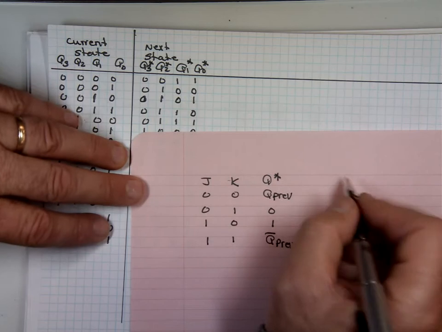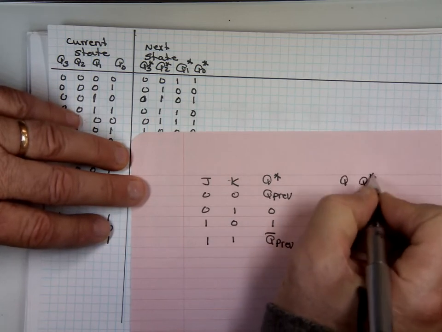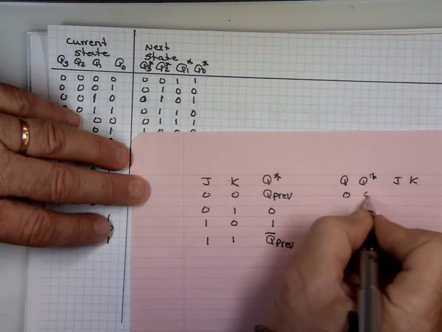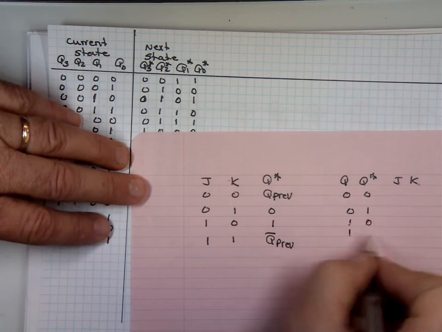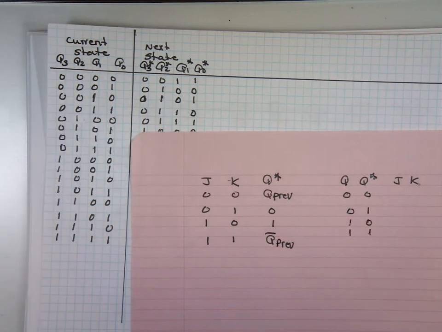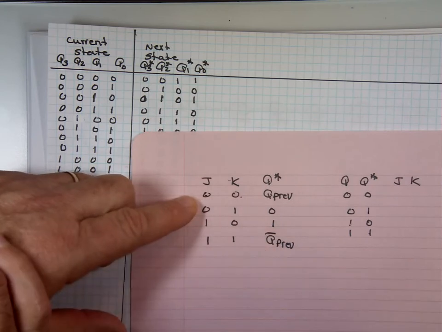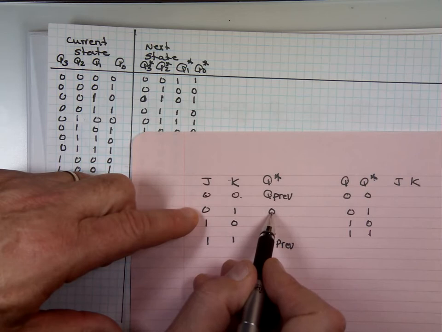So let's look at the excitation table. From the current state to the next state, what should J and K be? From 0 to 0, 0 to 1, 1 to 0, and 1 to 1. Zero to 0, I could get to it by making J 0 and K 0, or if I put 0, 1, that will guarantee I have a 0.